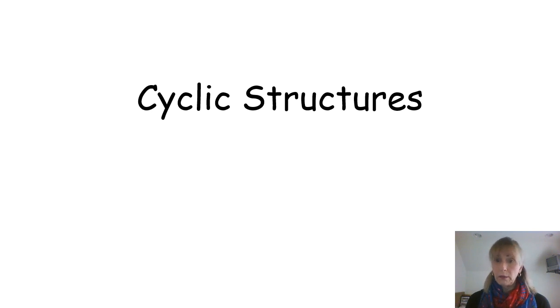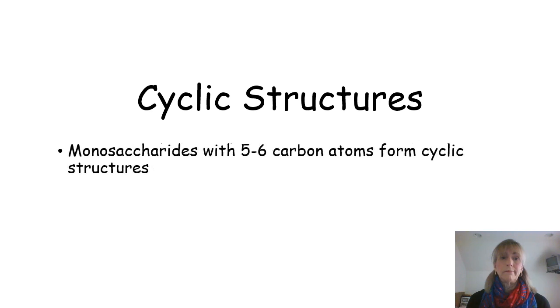Where do we move now? We move to cyclic structures. So remember monosaccharides? They are polyhydroxy aldehydes or ketones with a minimum of 3 carbons and a maximum of 7. Turns out that monosaccharides with 5 to 6 carbon atoms form stable cyclic structures.